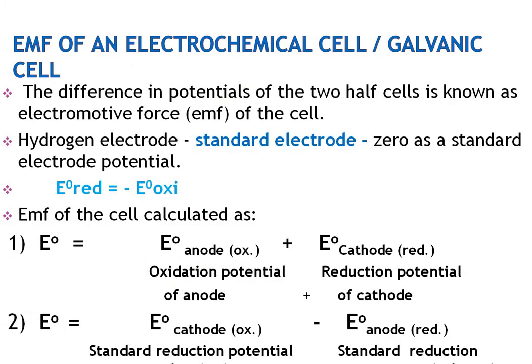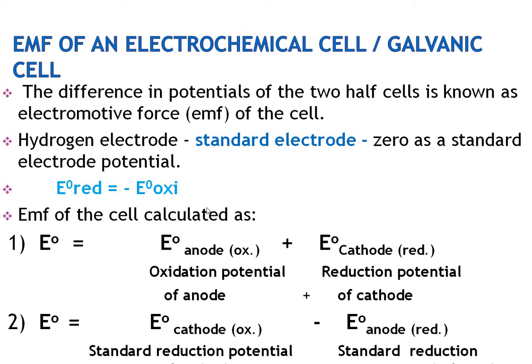How do we calculate the EMF of a cell? The difference in the potential of two half cells is the electromotive force of a cell. The hydrogen electrode is a standard electrode which has a standard electrode potential of 0. So E0 reduction equals minus E0 oxidation.